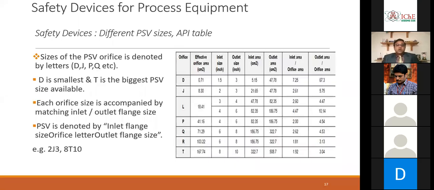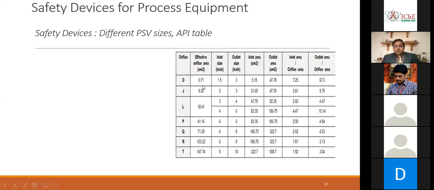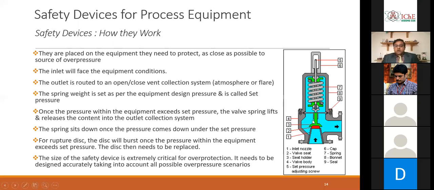If you see, sizes of the PSV orifice are denoted by letters D, J, L, P like this. So these correspond to the effective orifice area. So if I go back here, it is this effective orifice area actually, which the size denotes over there.